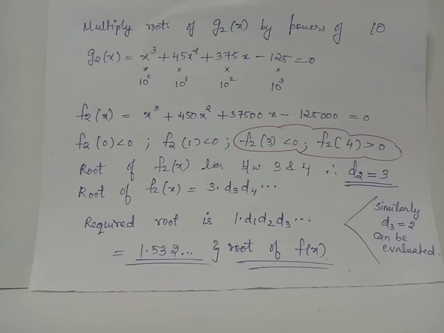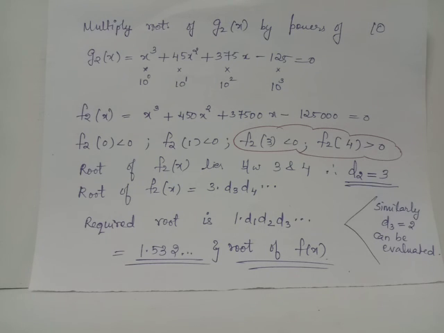If you wish to find out d3, then you will have to diminish the root of f2 of x by 3 so that you will get the new equation g3 of x whose root will be of the format 0.d3 d4 etc. You will perform the synthetic division method on the coefficients of f2 of x to obtain g3 of x. Now you will multiply g3 of x using powers of 10 to arrive at f3 of x. Roots of f3 of x can be found using the rule of Descartes, that is, you will find x1 and x2 values for which f3 of x1 and f3 of x2 will take opposite signs.